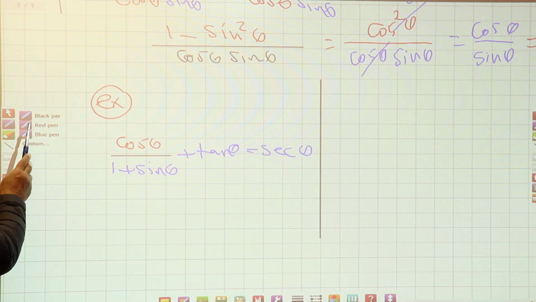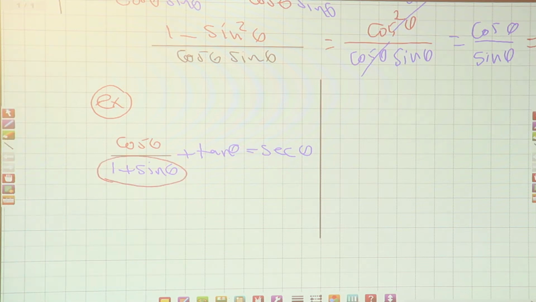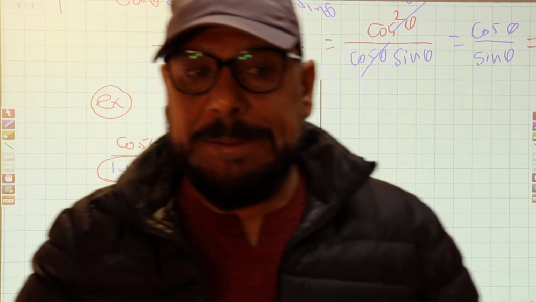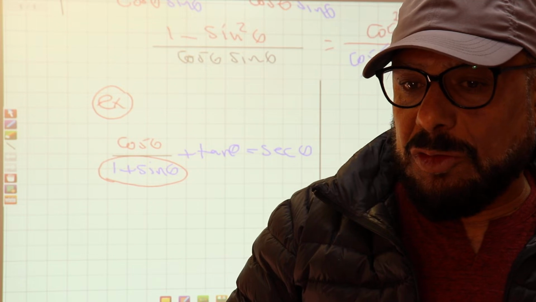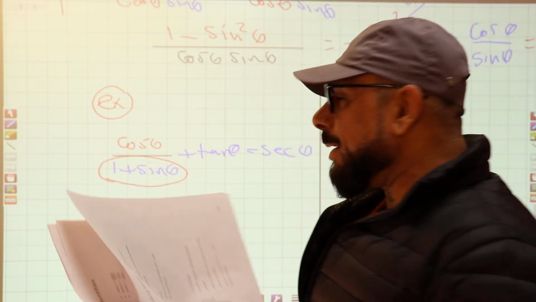In this case, in the denominator we have 1 plus sine. When we have 1 plus sine, 1 plus cosine, 1 minus sine, 1 minus cosine, we multiply by the conjugate.